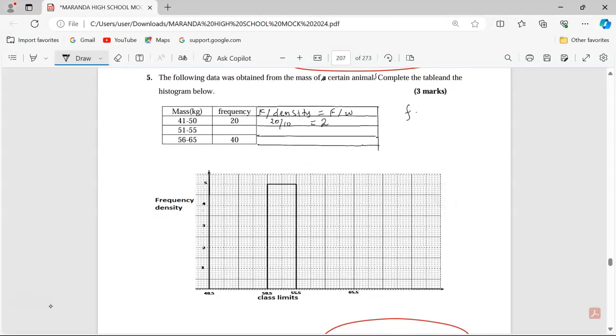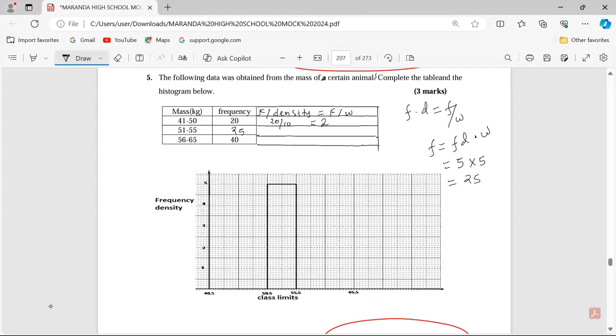Remember, if frequency density equals frequency out of class width, then we can multiply frequency density times the class width to get back the frequency. So a frequency density which has been plotted according to the diagram here is 5, and the class width is 5. Therefore, there is a frequency of 25. So the missing frequency is 25.